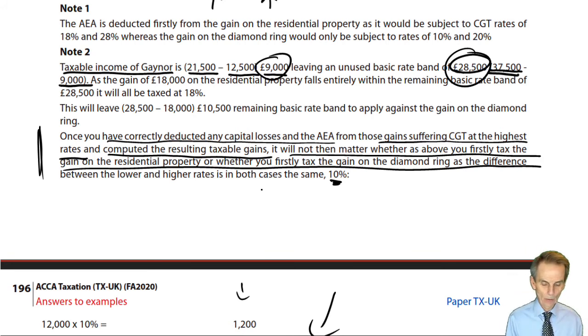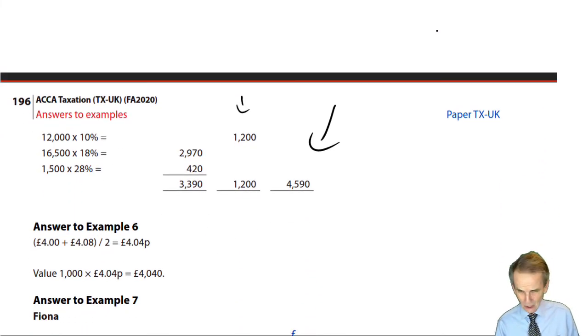It's either that one gets an extra 10% or that one gets an extra 10%. It doesn't make any difference, therefore. So, again, that can be proven. No one's going to ask you to do that. All you need to be aware of here is it doesn't matter, but you probably would do the first answer that I've given to you.